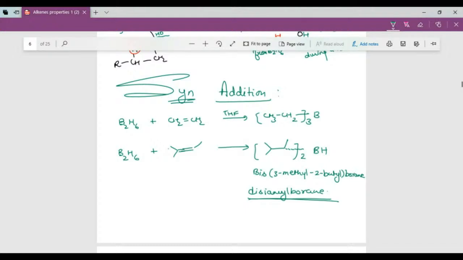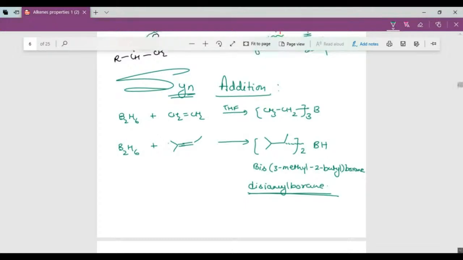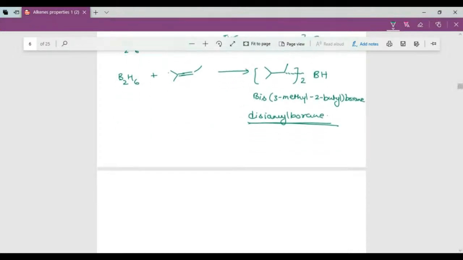What is the purpose of this? If a molecule has, say for example, something like this, and we want only this to reduce or this to change to some reagent, some reactant, some product.